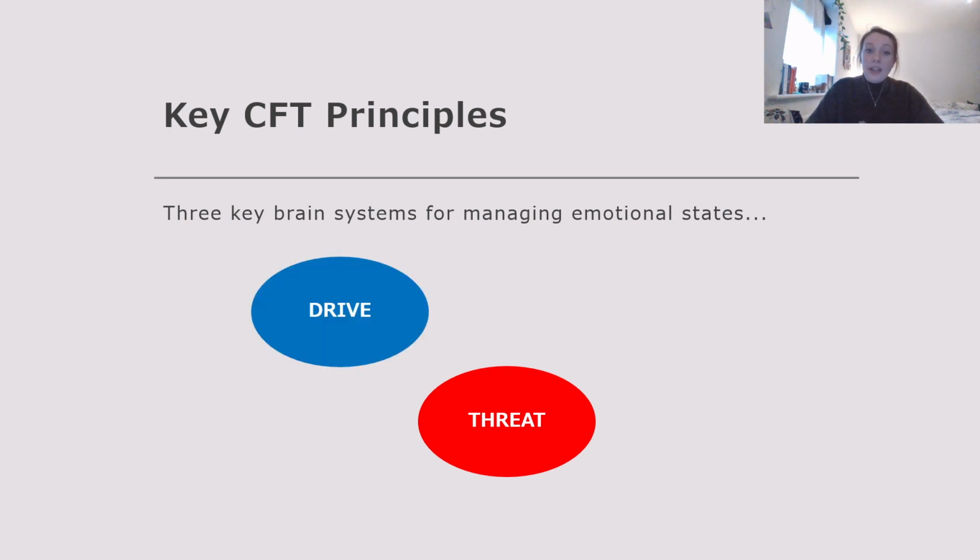And then we have the drive system. This motivates you for everything when your survival needs are taken care of. Once you feel safe, once your threat system is no longer active, your drive system can then be activated.